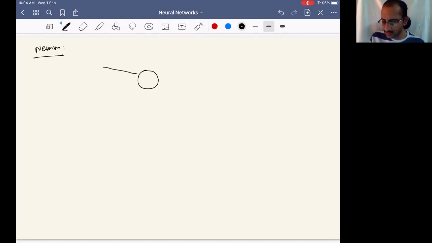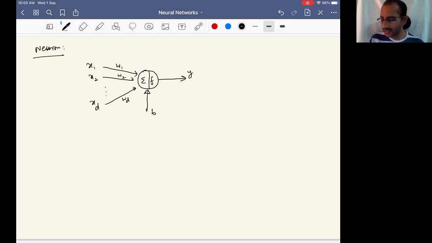We use a weight and a bias. So we have several inputs x1 to xd. These inputs are weighted w1, w2 up to wd. And then we have a bias specific to this neuron, that is b. These put together get summed up, and then you apply a nonlinear function on this sum to map onto an output variable y.